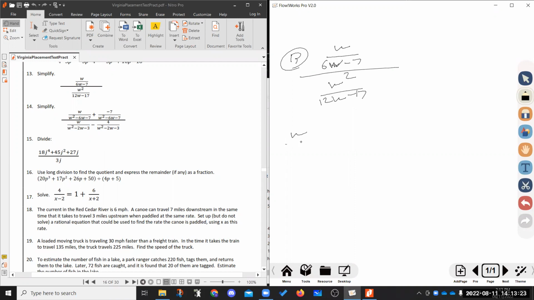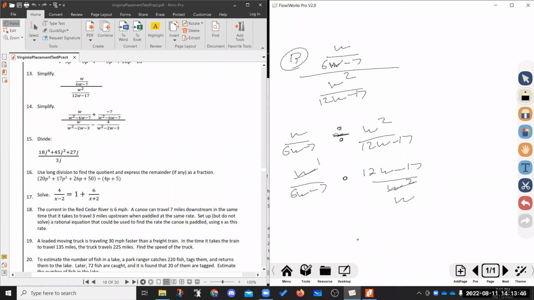Remember that this is the same as w over 6w minus 7 with the divided by sign, w squared over 12w minus 17. So we're going to have w over 6w minus 7 times the reciprocal, which is 12w minus 17 over w squared. w is going to go into w squared w times.